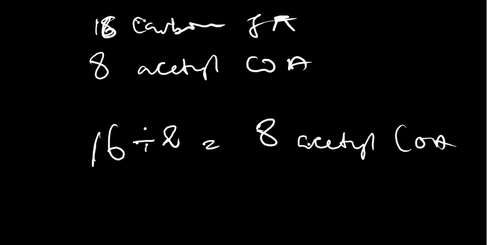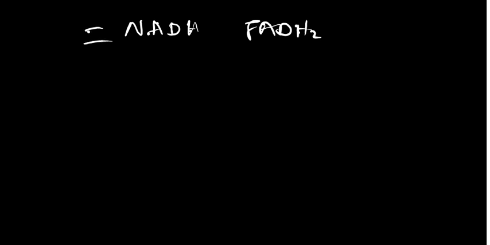There could be more. Alright, so in these processes the NADH and FADH2 are produced in every cycle. These are the products of beta oxidation.